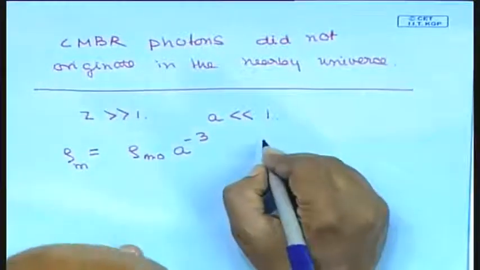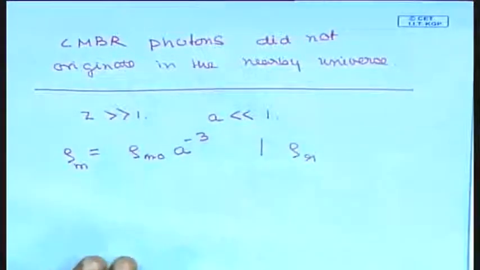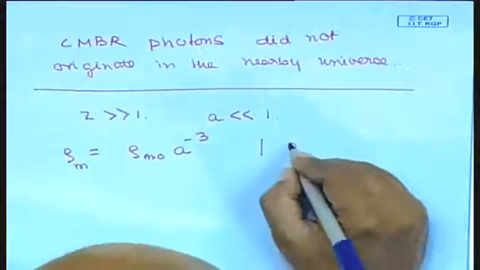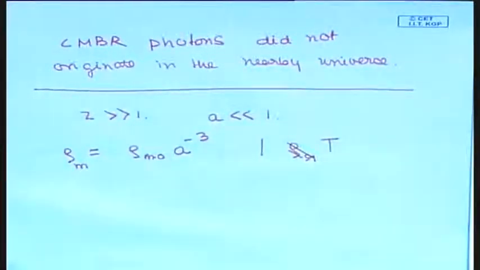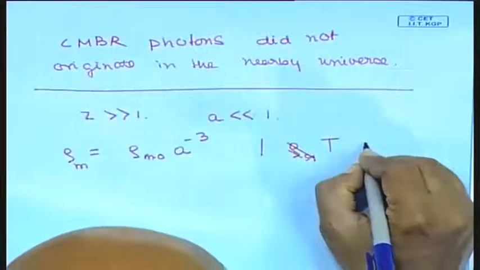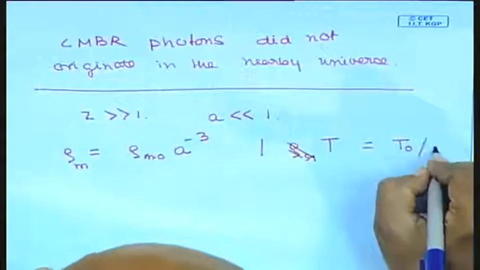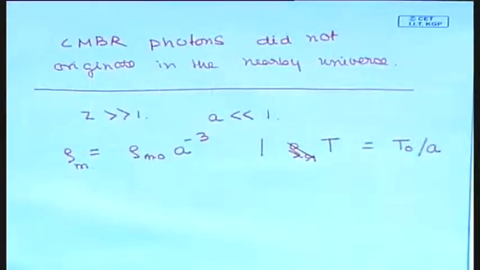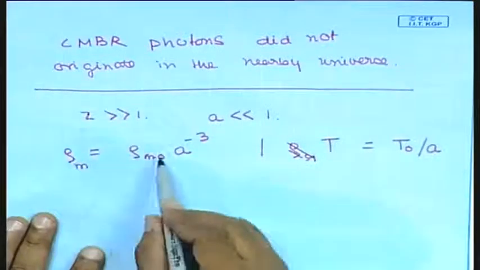The radiation density, or the temperature of the radiation, we have briefly discussed this, we shall discuss it again, also scales as the present temperature by a. So, in the high redshift universe, the density of material was much larger.